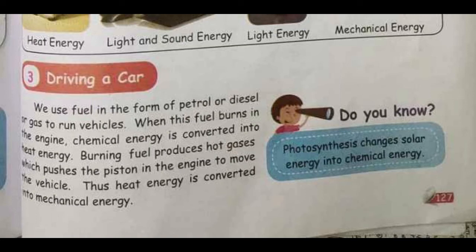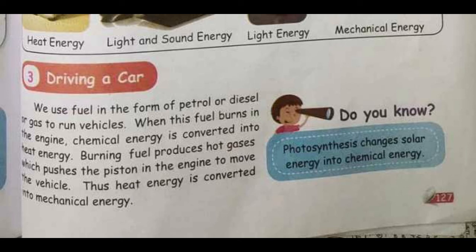Now, the next example is driving a car. We use fuel in the form of petrol or diesel or gas to run vehicles. When this fuel burns in the engine, chemical energy is converted into heat energy.